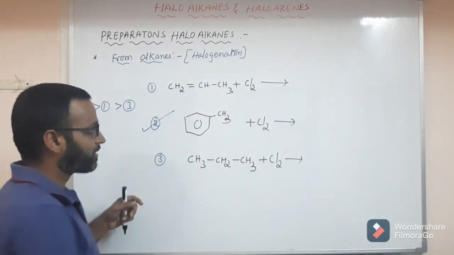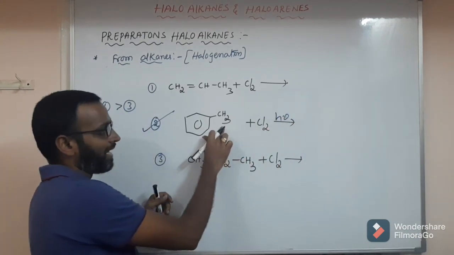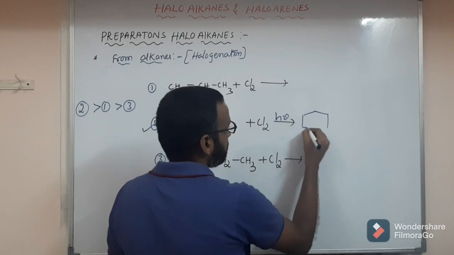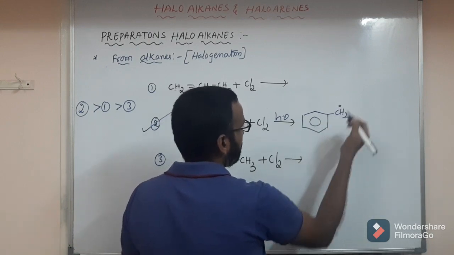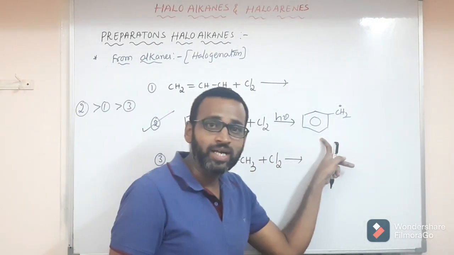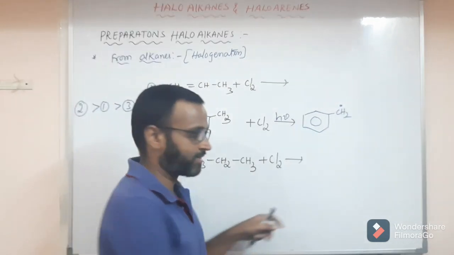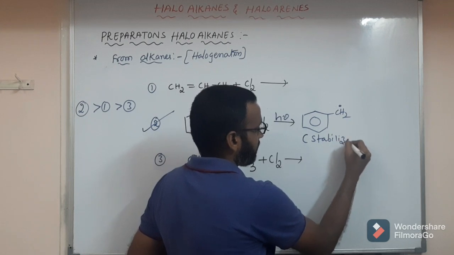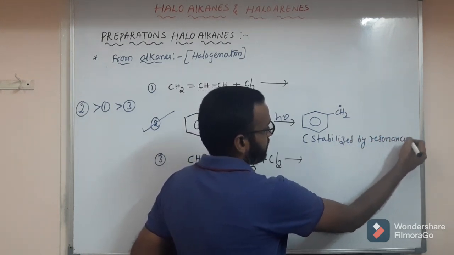Do you know what is the reason? When chlorine substitutes on this methyl, suddenly what happens? C6H5CH2 dot comes first, which is the benzyl free radical, stabilized by resonance.